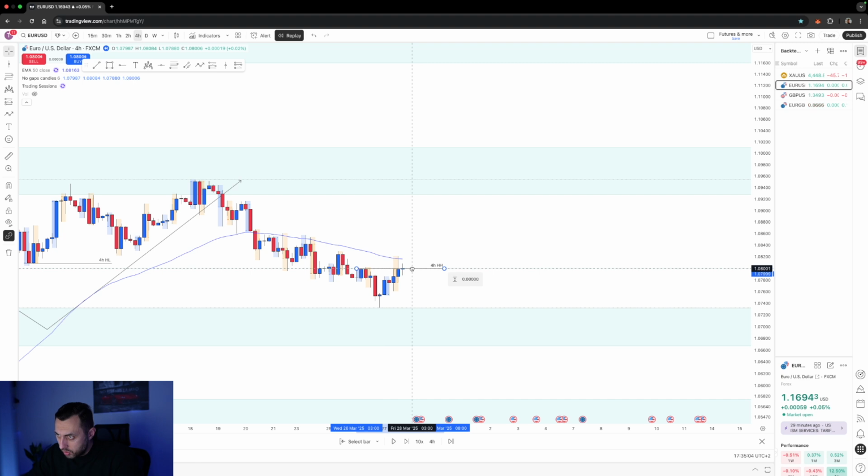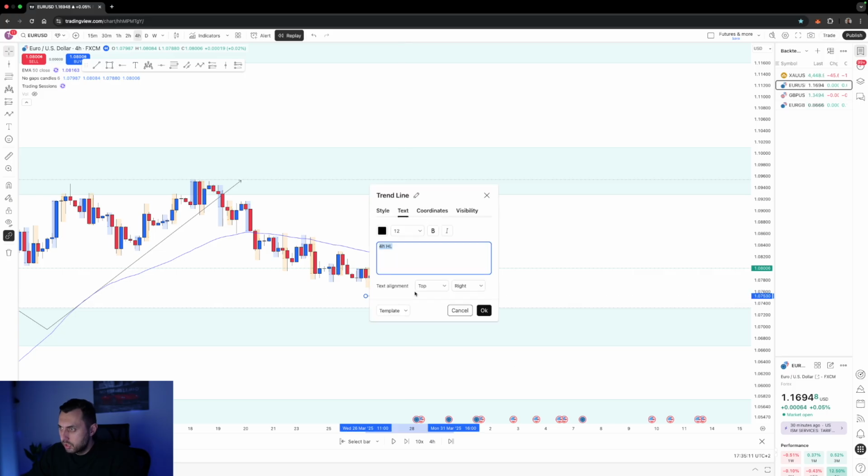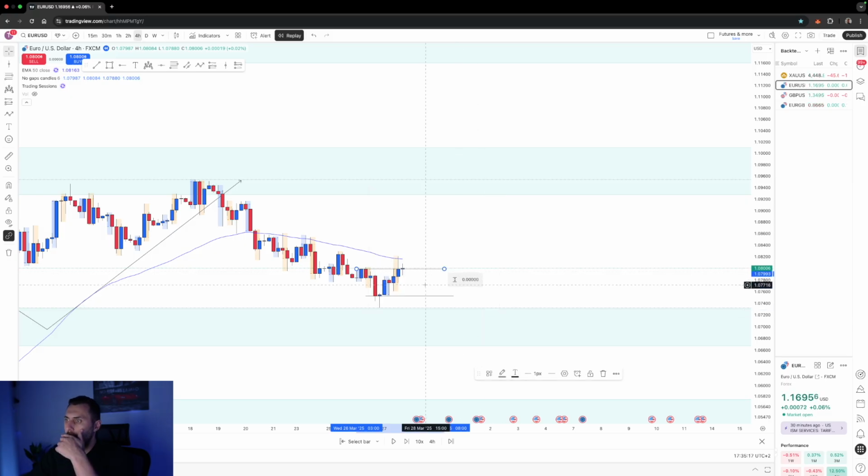But let's see, right now it's like this. Just to not confuse you anymore, I will take out the higher high and higher low labels because I don't want to change them every single time it goes bearish or bullish, with higher low, higher high when it's bullish, and lower high, lower low when it's bearish.